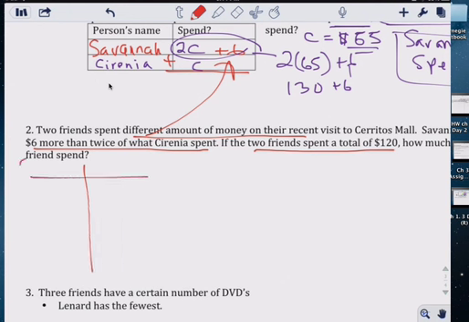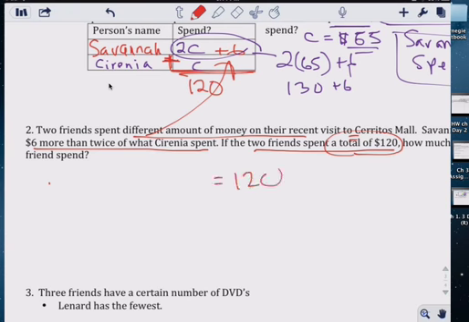We know we're going to add these two together right here, and they add to a total of this. Together, if you add, you get a total of $120.